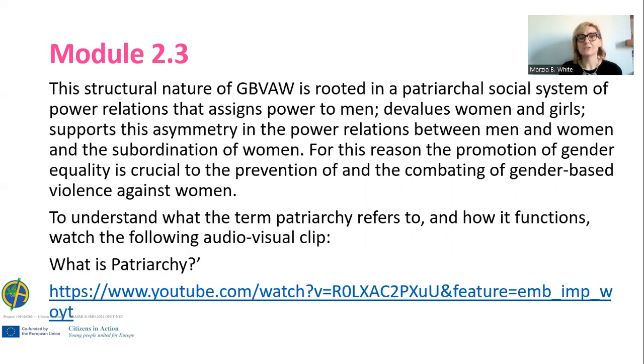This structural nature of gender-based violence against women is rooted in a patriarchal social system of power relations that assigns power to men, devalues women and girls, supports this asymmetry in the power relations between men and women, and the subordination of women. For this reason, the promotion of gender equality is crucial to the prevention and combating of gender-based violence against women.